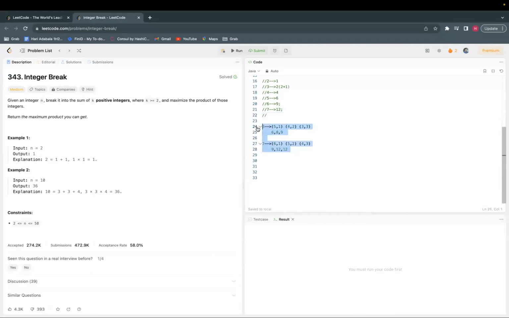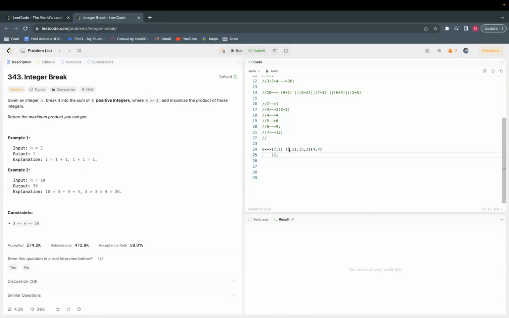So let's calculate it for 8. We can divide 8 like 7 comma 1, or 6 comma 2, or 5 comma 3, or 4 comma 4, right? For 7 comma 1, for 7 the maximum possible value is 12.